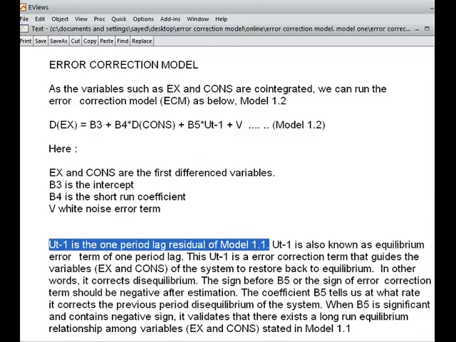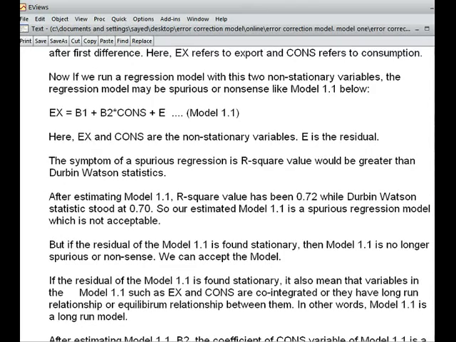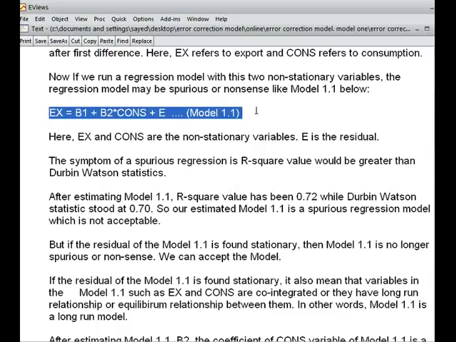So we can go up. Last time we saw it. It is model 1.1. What we have done here, we have estimated this model 1.1. Then we have taken the residual of this model.